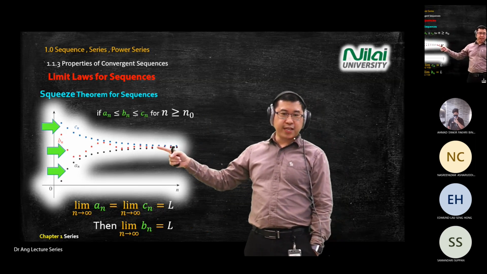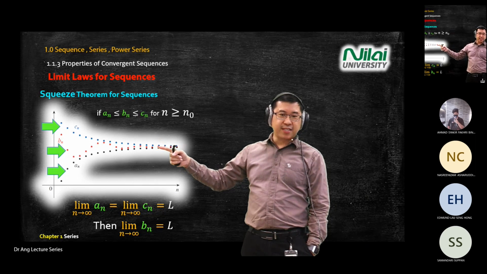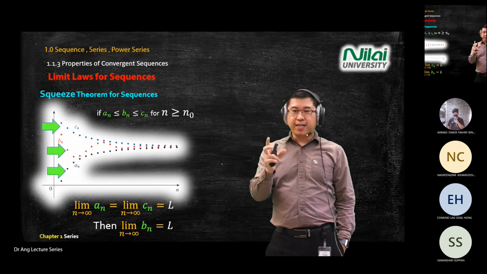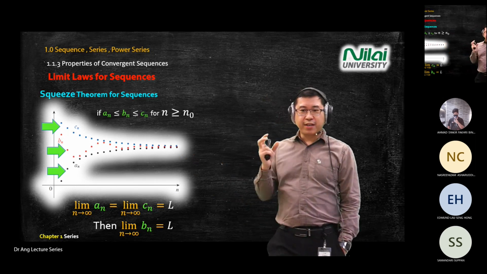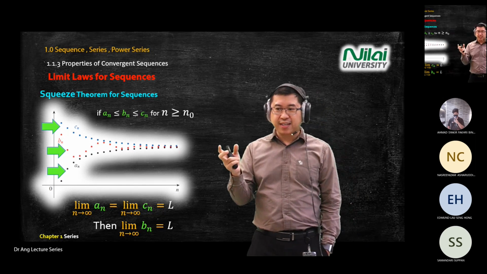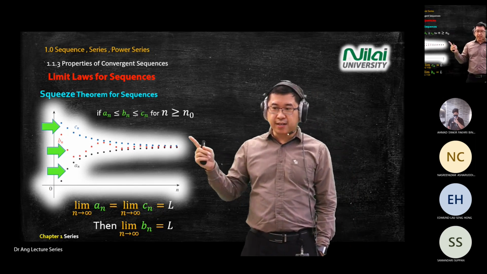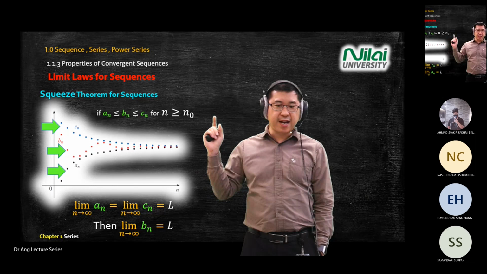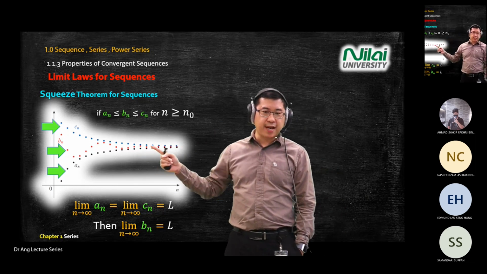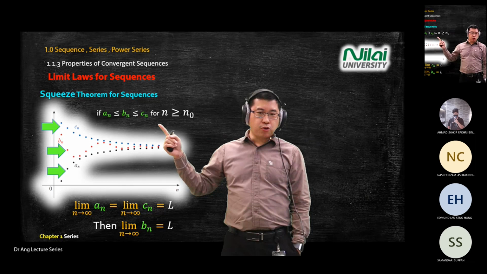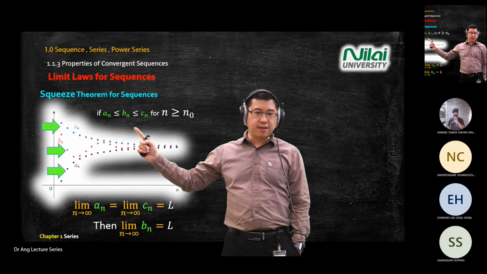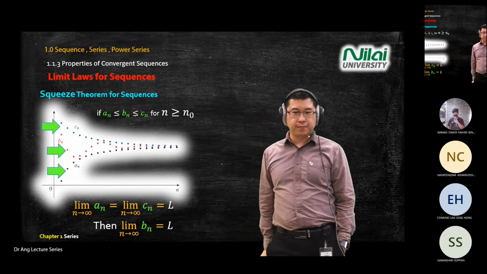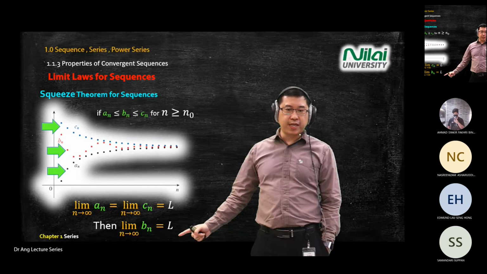If your B data is between A and C, and the question gives you the data in red, along with the pattern of the first set, AN, the black data, and the exam question also gives you the C data, then asks you to estimate the B data, you can estimate what happens to B. So you can write that B will also arrive at L.